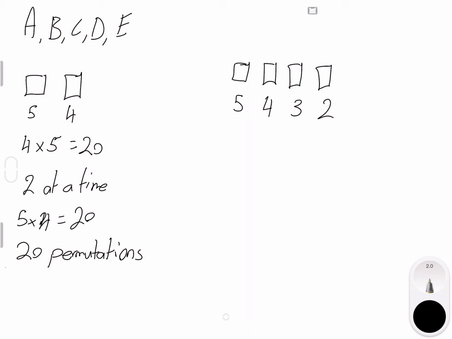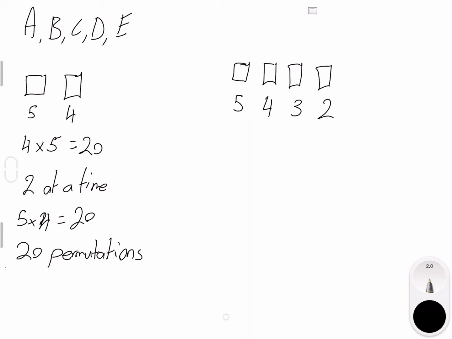So A, that leaves 4. If we pick B for the second one, that leaves 3: C, D, and E. For the third one, we pick C. And for the fourth one, we pick D. So that leaves us with 2. So you can really see it's just going to go down 5, 4, 3, 2, up to however many you're picking at a time.